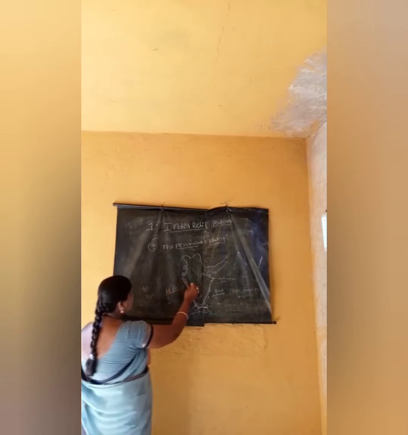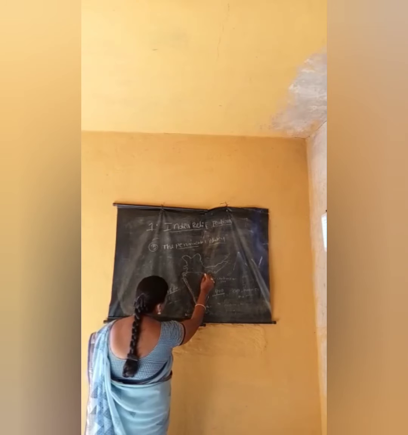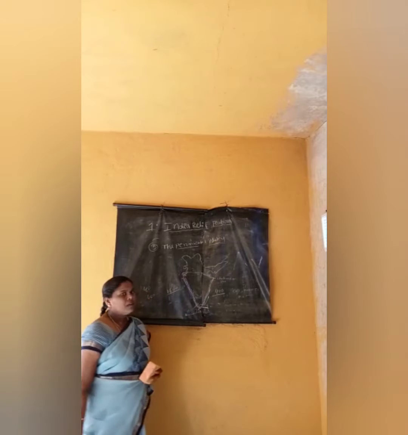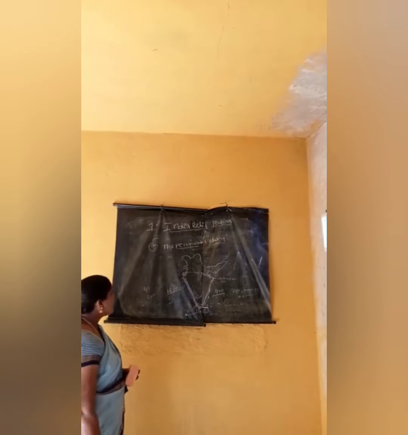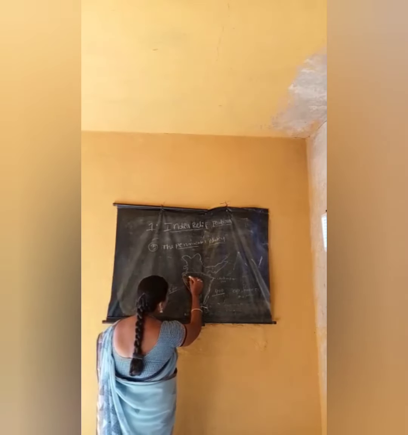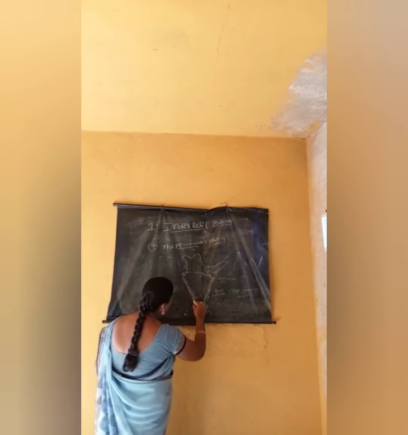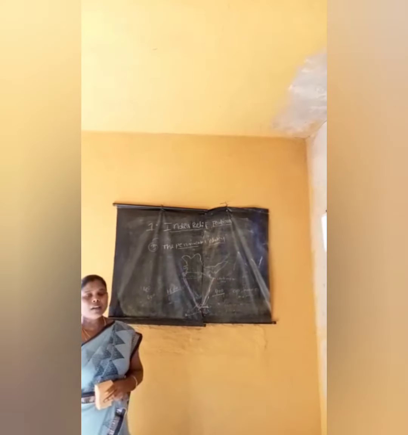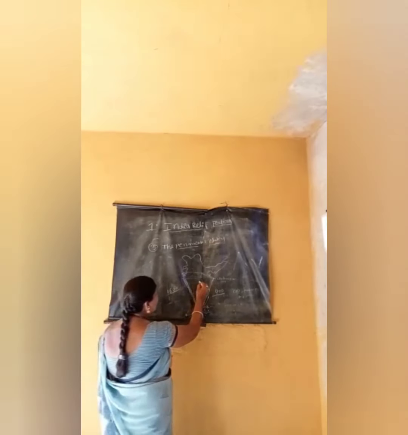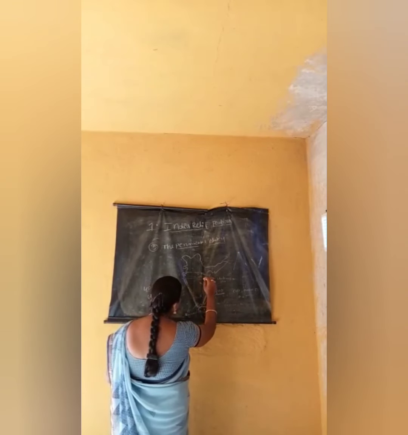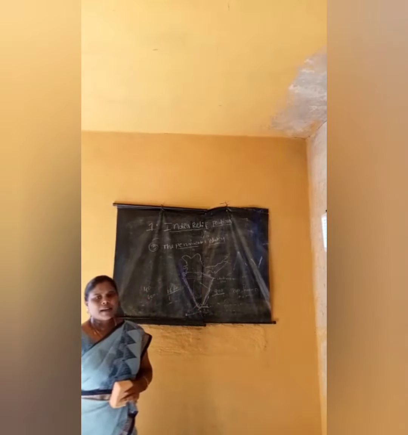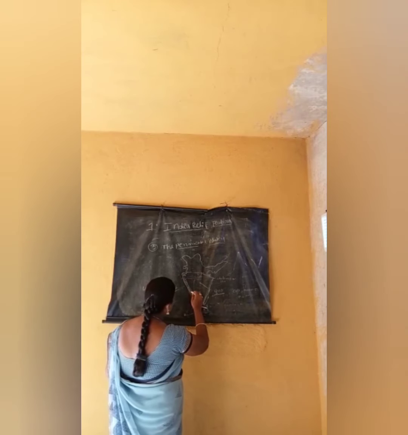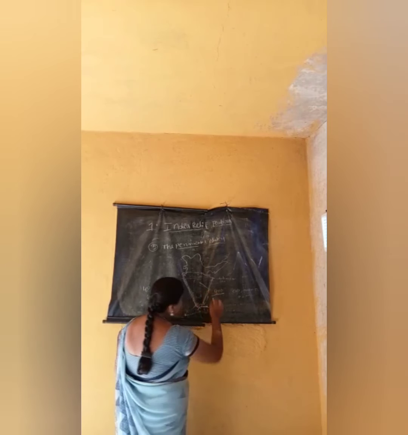Next, this is the Peninsular Plateau. A triangular landmass called the Deccan Plateau. The Western Ghats are higher than the Eastern Ghats.